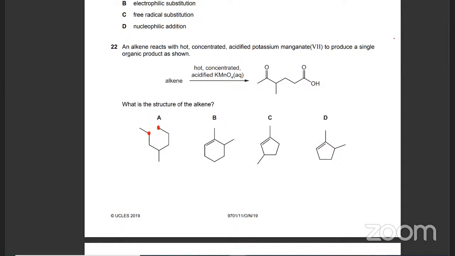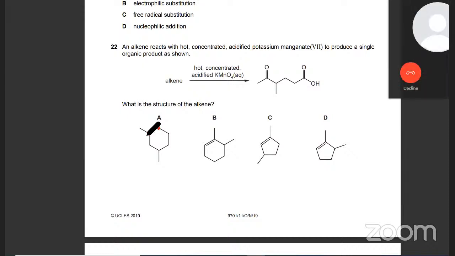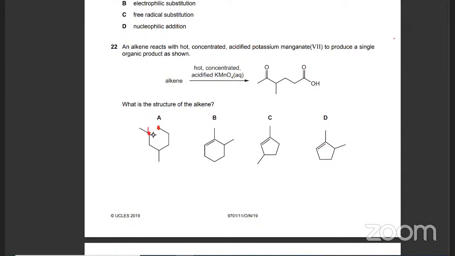A ketone. I said, what will this turn into? A ketone, sir. Okay, that turns into a ketone. And this one has one carbon chain that turns into a carboxylic acid.